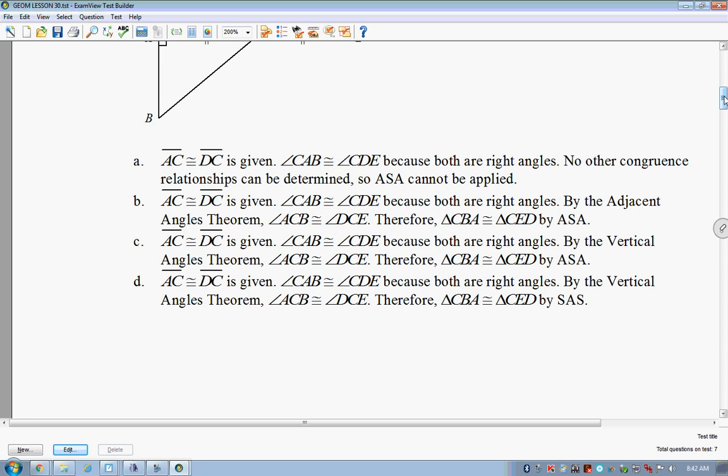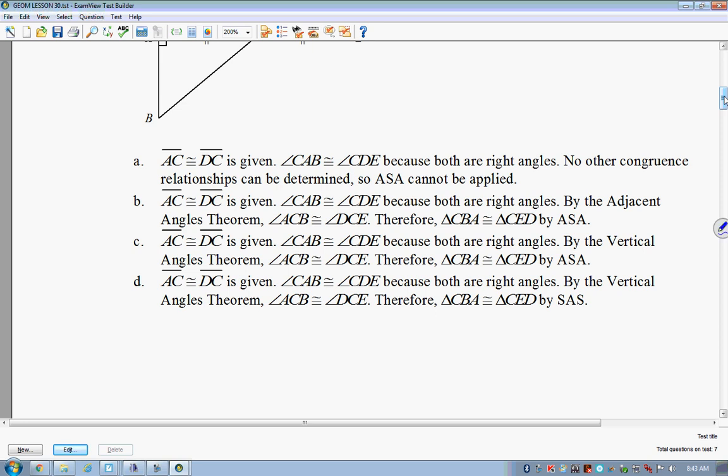Okay, we saw AC congruent to DC, CAB, CDE, both right angles. We're not using adjacent angles theorem. Let's see. Look here. Vertical angles theorem. Angle ACB is congruent to, yeah, that would give me C and C. Therefore, we're congruent by ASA.